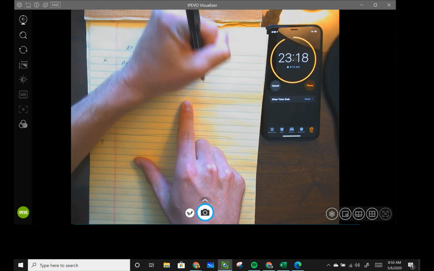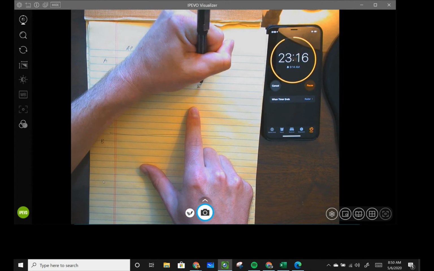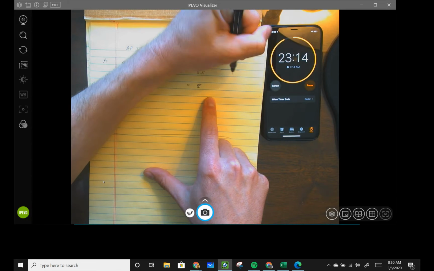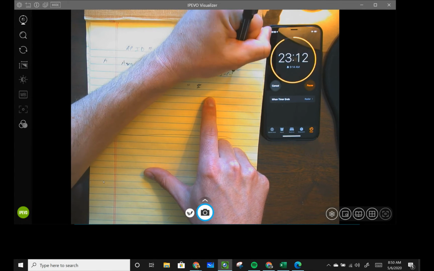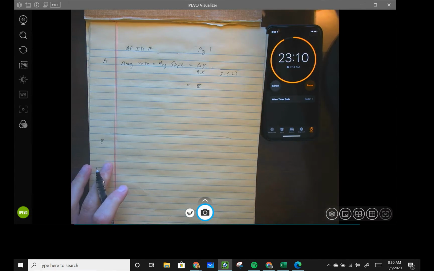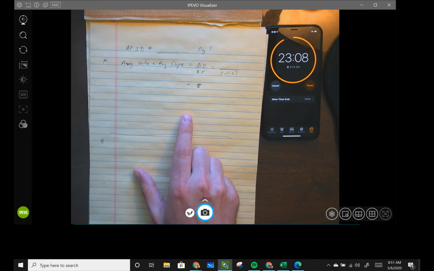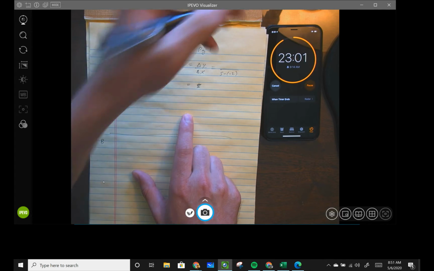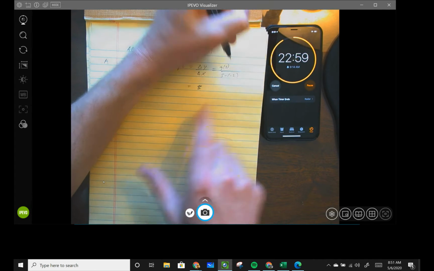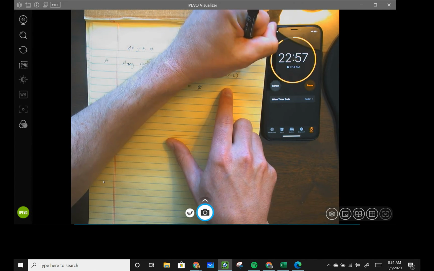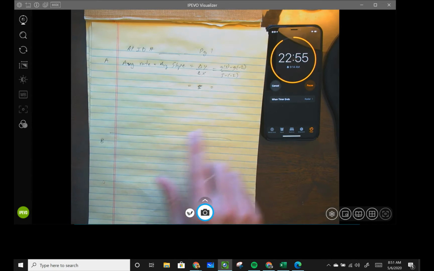The change in x is 5 minus -2, hashtag DNS. And I need to find the average rate of change of g. Okay, so I need to do g of 5 minus g of -2. So I just have to find what g of 5 and g of -2 is.